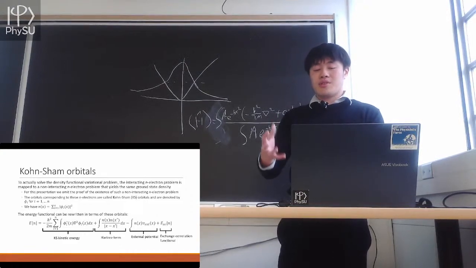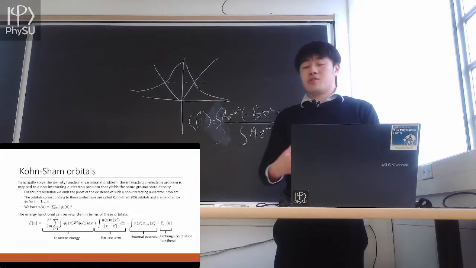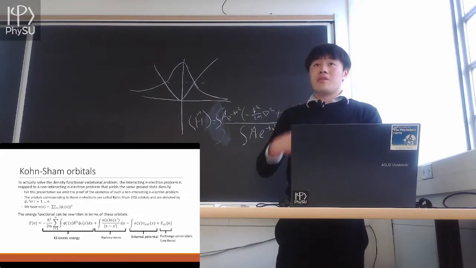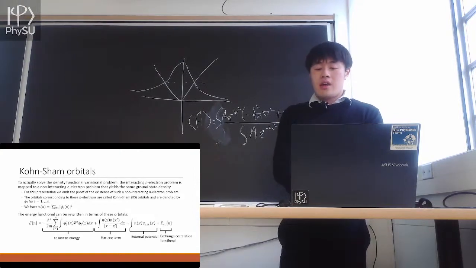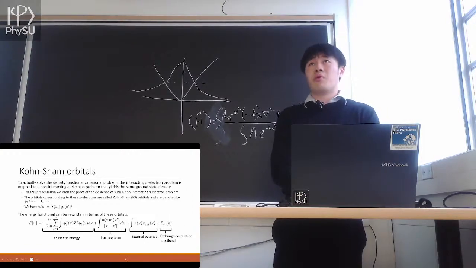The third term is the external potential, so that's just the potential as a result of the atomic nuclei. And the last term is called the exchange correlation functional. This is actually probably the most important part of DFT, because this term essentially is the correction term for all of these.